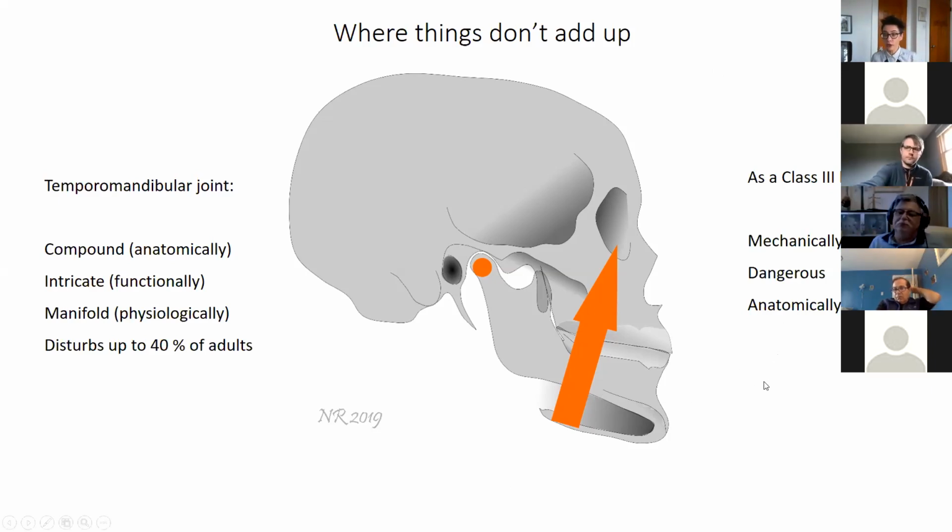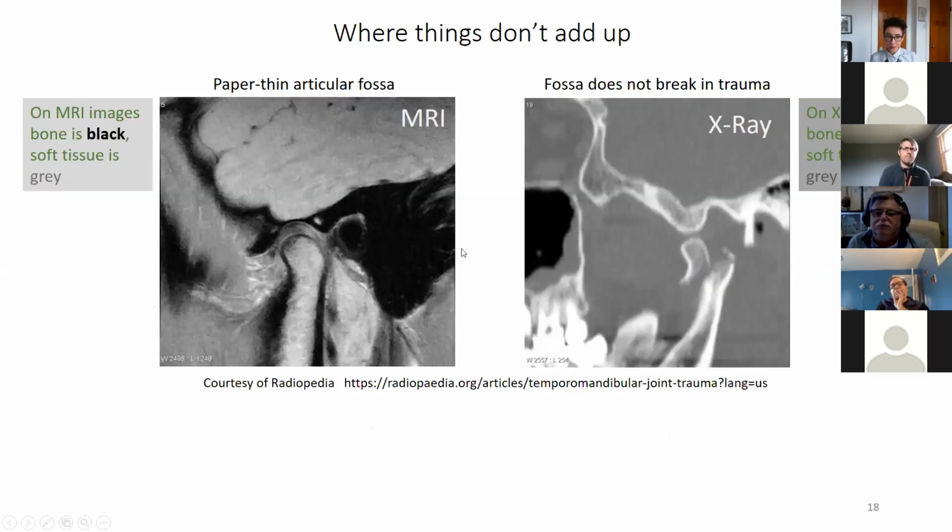But it is also dangerous from the anatomical perspective, because the bone that makes up the fossa, the articular pit where the mandible sits, is very thin. It's actually, here it's highlighted by the red line, about 200 microns. If you take a dry skull and look across the source of light, this fossa will be paper thin and transparent.